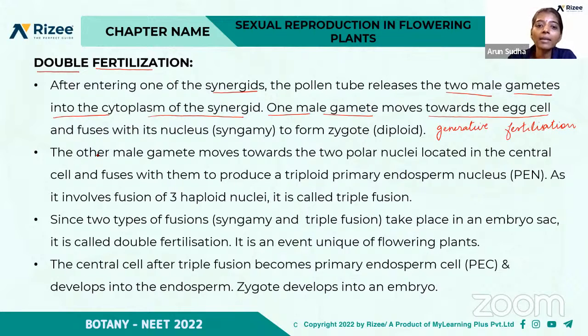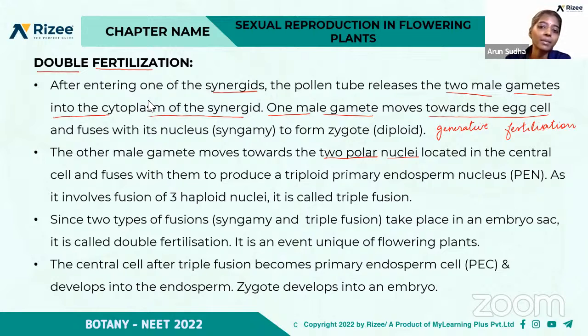Okay. And the other male gamete moves towards the two polar nuclei. We saw the structure, I hope you're clear with it, right? In the middle there are two polar nuclei, and at one end, the micropylar end, we have the synergids and the egg nucleus. One male gamete fuses with the egg cell to form the zygote, so it is called generative fertilization.